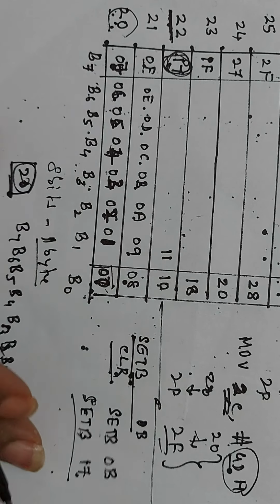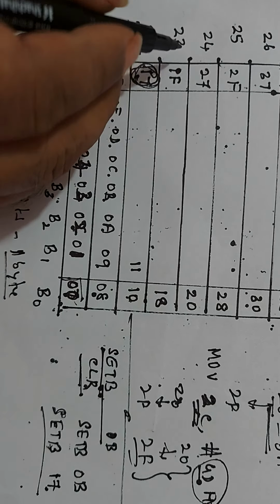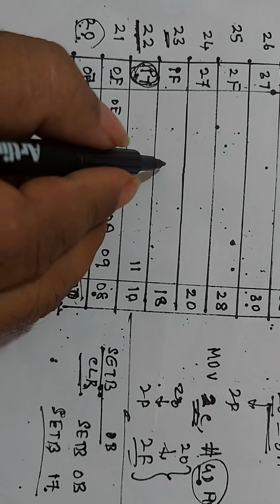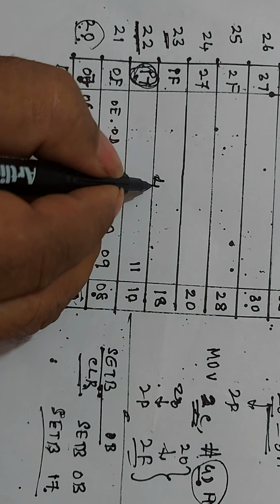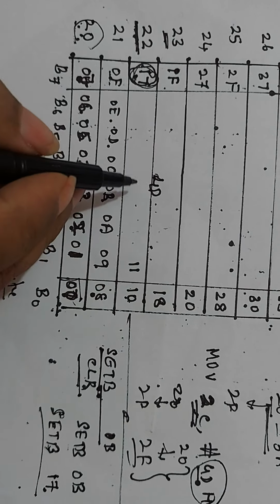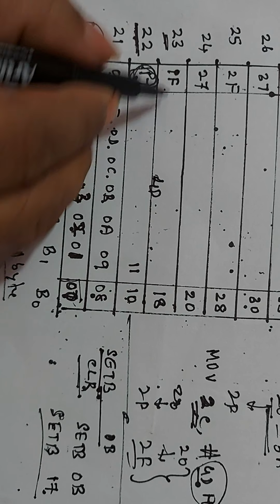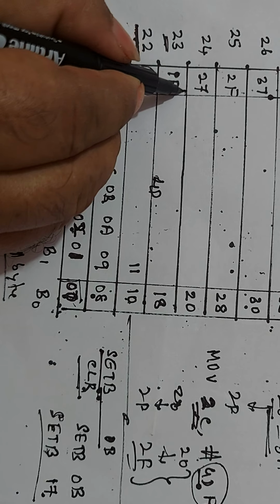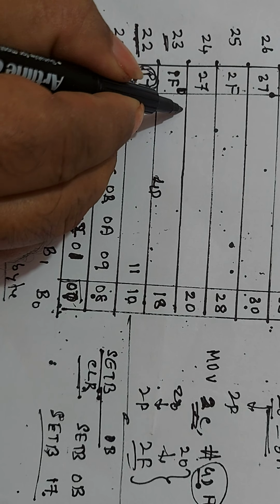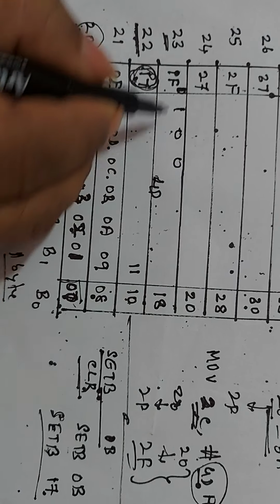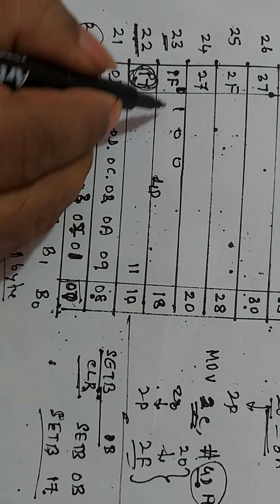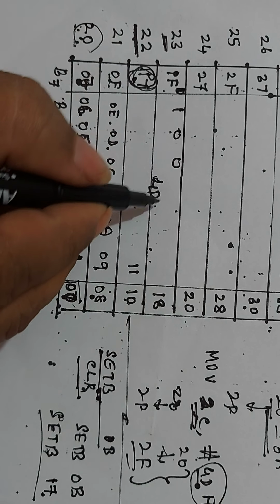For example, let RAM location 23 contain a number 4D. What is 4D? I will write all the 8 bits of 4D. 4 means 0, 1, 0, 0.